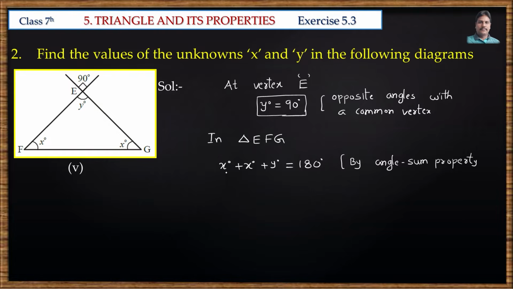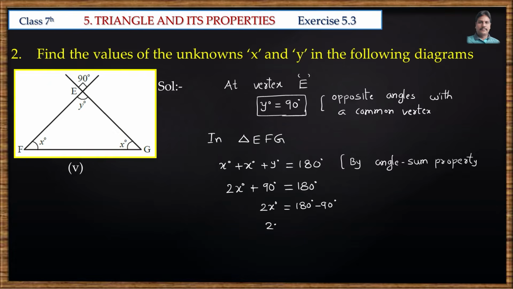So, x degrees plus x degrees will become 2x degrees, plus the y value we have got, that is 90 degrees, is equal to 180 degrees. Transpose plus 90 to the right side, it will become minus 90. So, therefore, 2x degrees is equal to 180 minus 90 degrees.